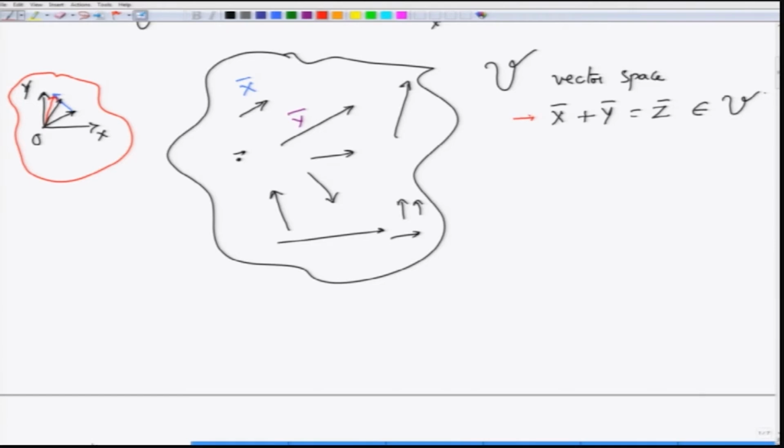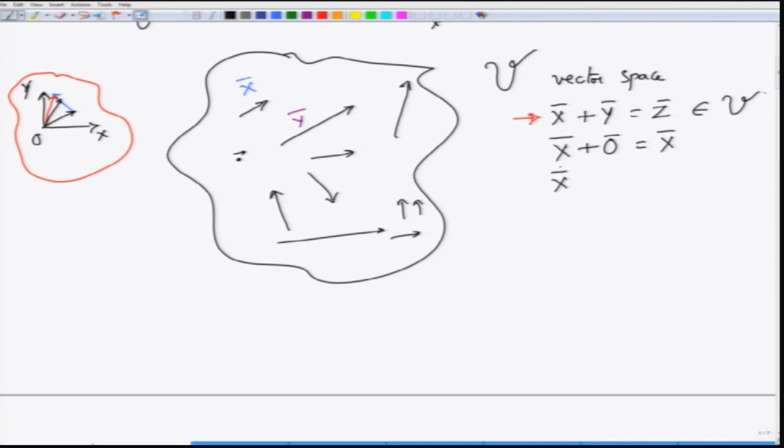I have x vector plus y vector which results in z vector, x lies in vector space V, y lies in vector space V, z also lies in the vector space V. Some additional properties that we have to satisfy is that the bag must contain a 0 vector or a null vector, such that if you take any vector x and add that null vector to it, you should get back the same vector x. Clearly x belongs to V, 0 belongs to V, x plus 0 which is x also belongs to V.